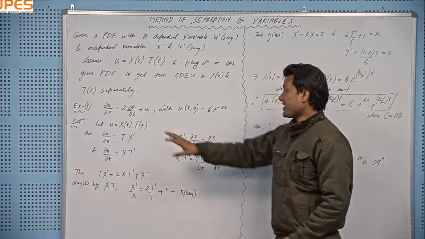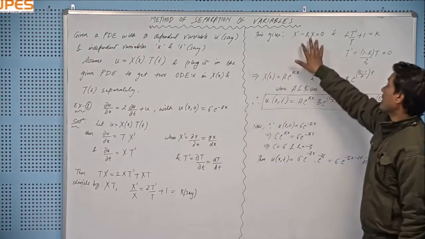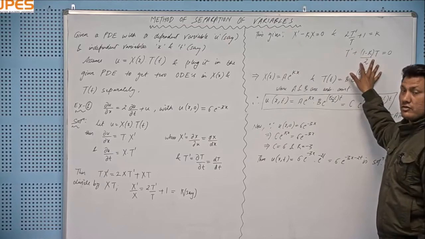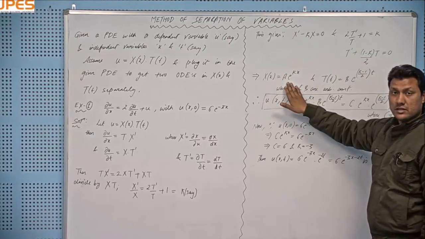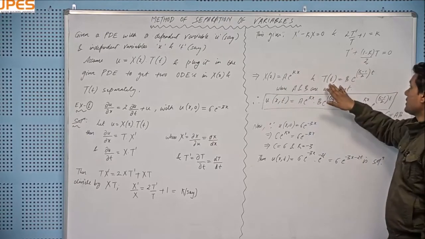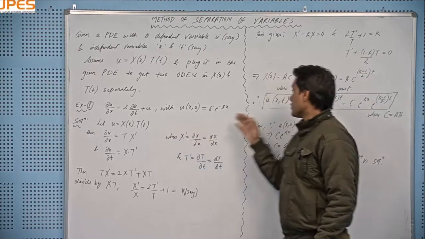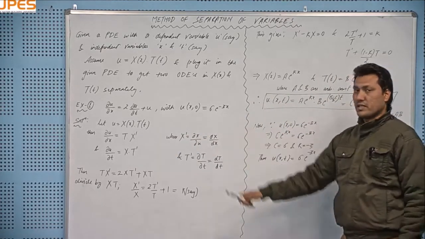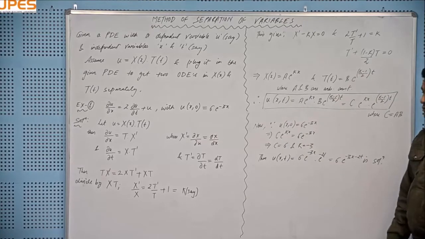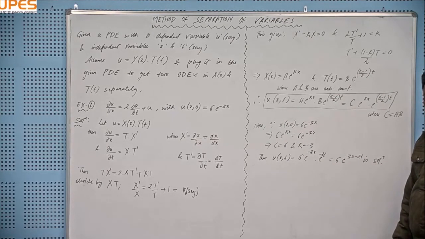And then after plugging this solution here, I got two ordinary differential equations, this one and this one, which I was able to solve, right? I solved this to get capital X, solved this to get capital T, and then substituted these functions here to get the full solution, right? And after that, this initial condition comes into play. Then I found the constants also. So this is my final solution, right?